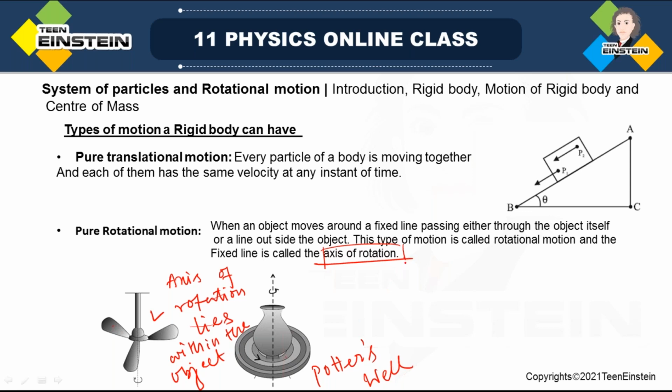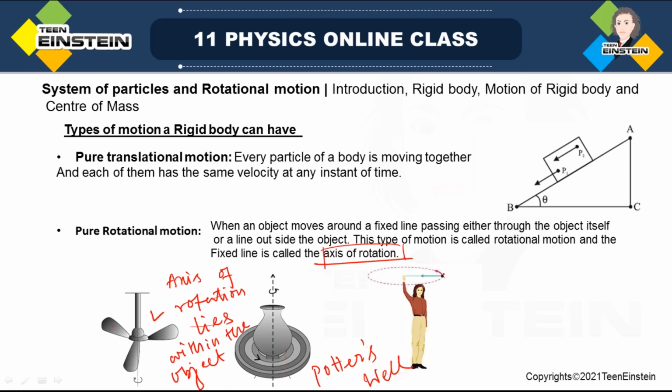Now we can take another example where rotation happens, but the axis of rotation doesn't go through the body. Look here, you might have experienced this kind of playful incident, where you tie a ball or a rock with a string and rotate it in a horizontal circle, or a vertical circle also.